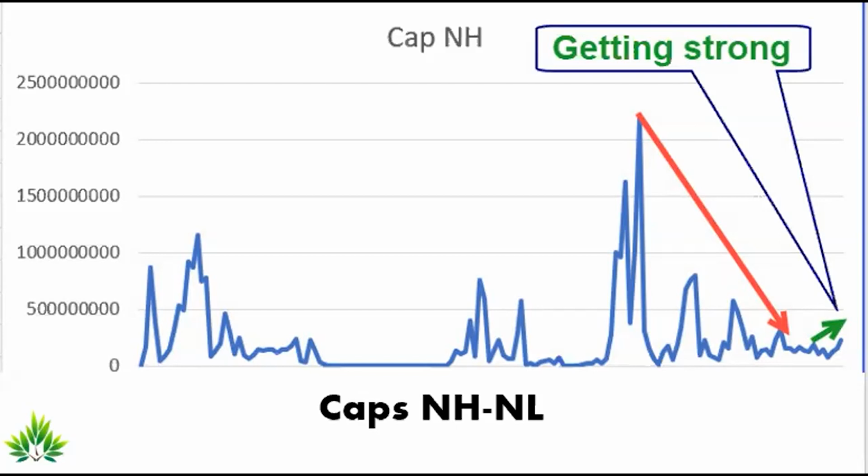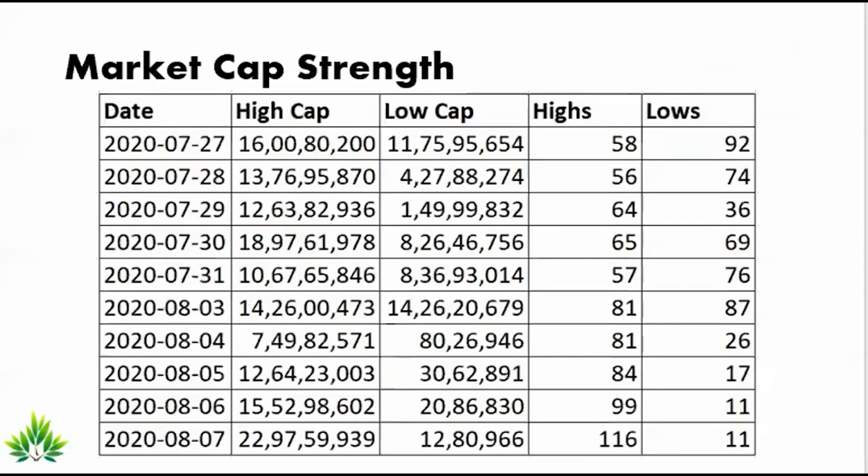Next, we will look at the strength, which was almost equal on both sides. This was the last 10 days of new high, new lows, and the capital of the new highs and new lows. In the last 10 days, both sides were almost similar, at times even giving way to bears.